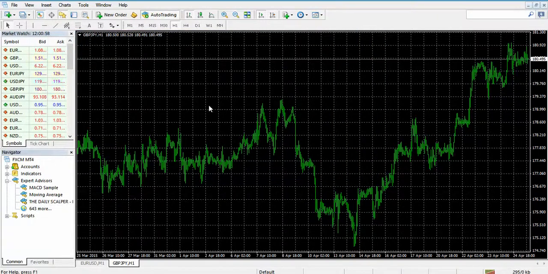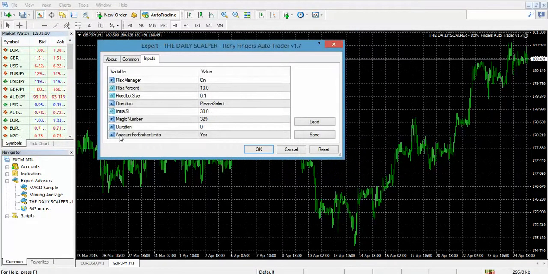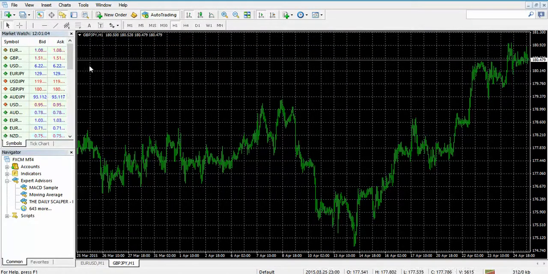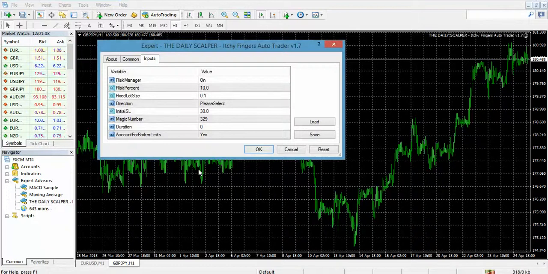So going on to the EA settings, account for broker limits. What you'll find, if there is a broker limit in place, if the entry point proposed by the EA, which is of course based on the itchy finger strategy, is too close to where that order would be, generally the broker simply won't accept the order.